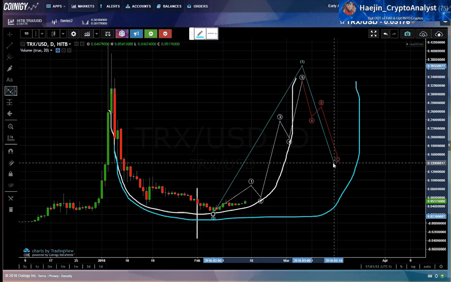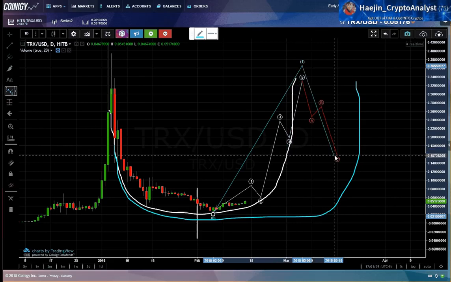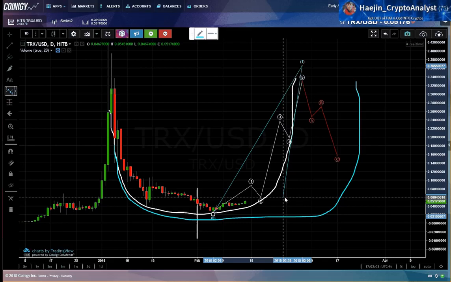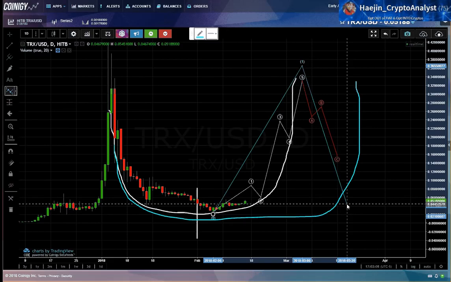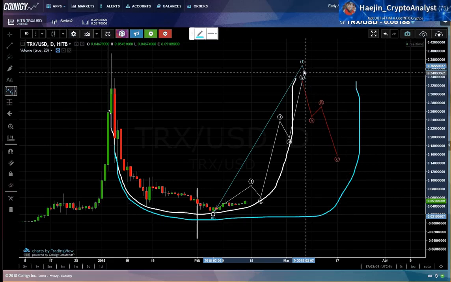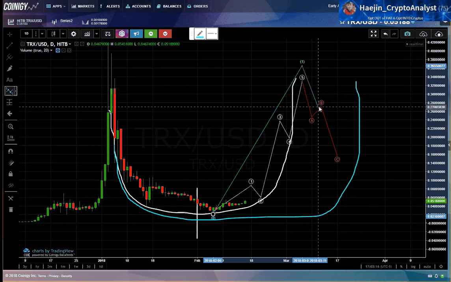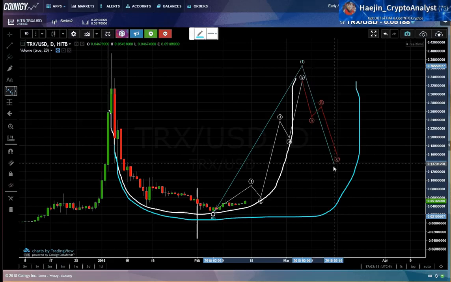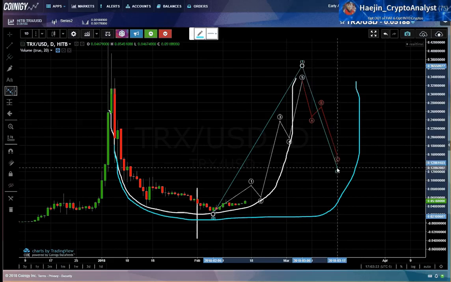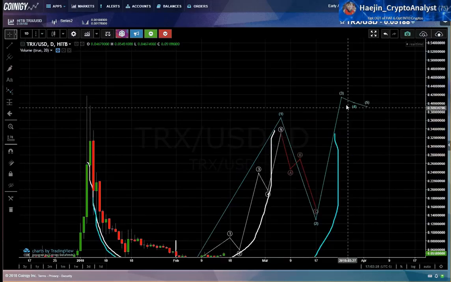So if this is the handle and the handle is wave 2, remember the wave 2 usually retraces 50% of 1. But there's nothing to say that it cannot retrace 80% of 1. So what I'm saying is that if the handle portion pattern coincides with wave 2, it could be a deeper retrace versus wave 4. So here we could say wave 2, 3, 4, 5. 3 will be much higher.